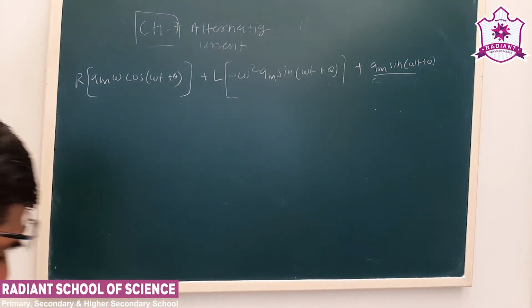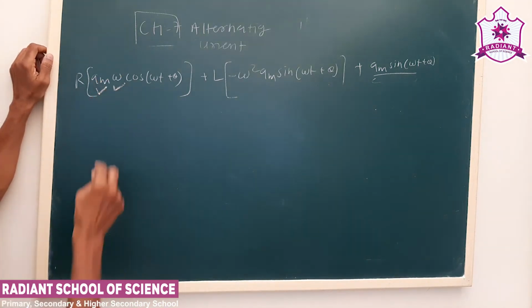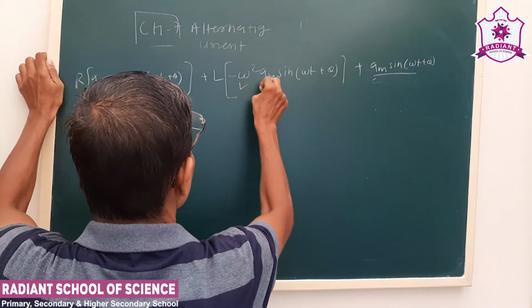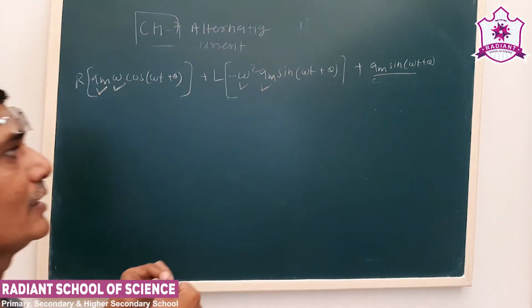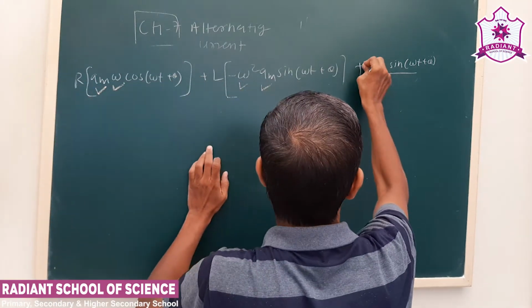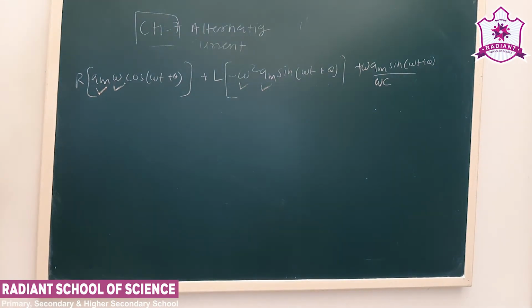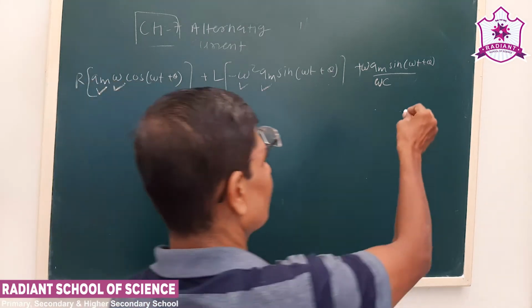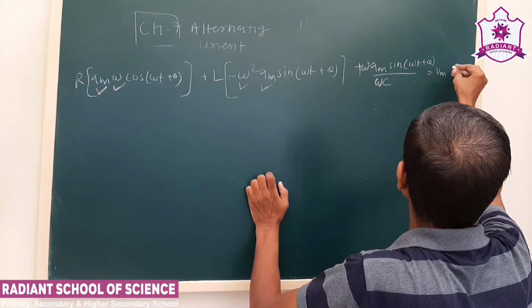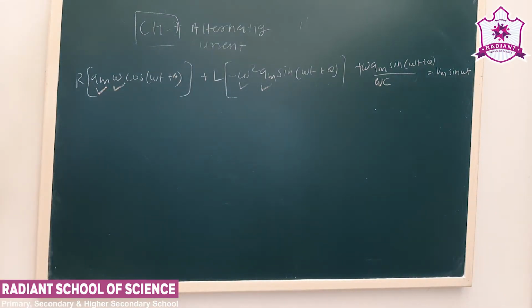Now, an important thing here: I want to take qm into omega common from this equation. What I see here is that only qm is there, omega is not there. So I want to take qm omega common.